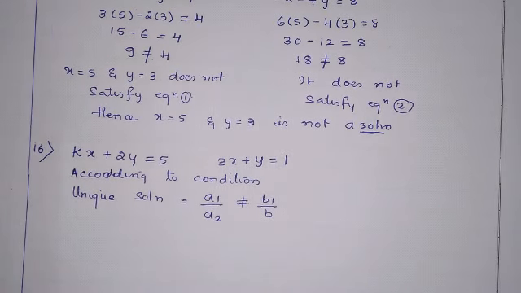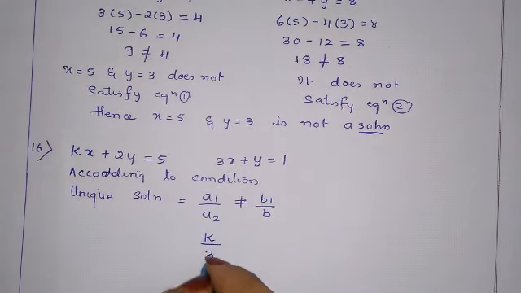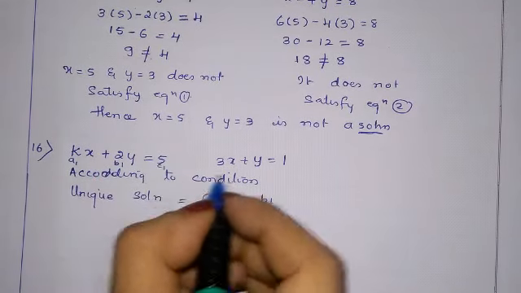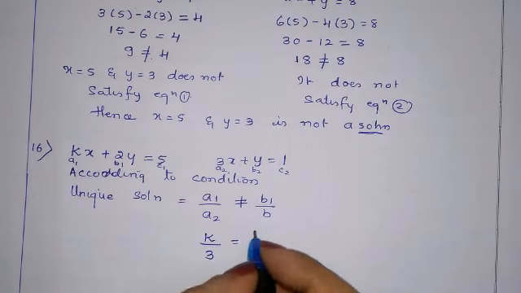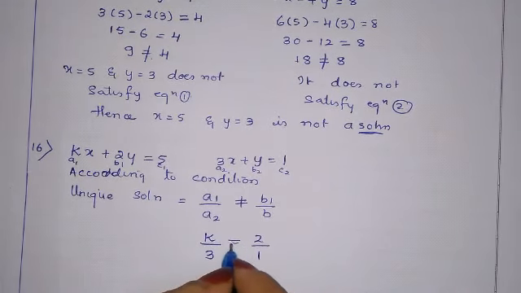Okay, so let me write. a1 is k, a2 is 3. This is a1, this is b1, this is c1, this is a2, this is b2, this is c2. So b1 value is 2 upon b2 is 1. Not equal, they have told.